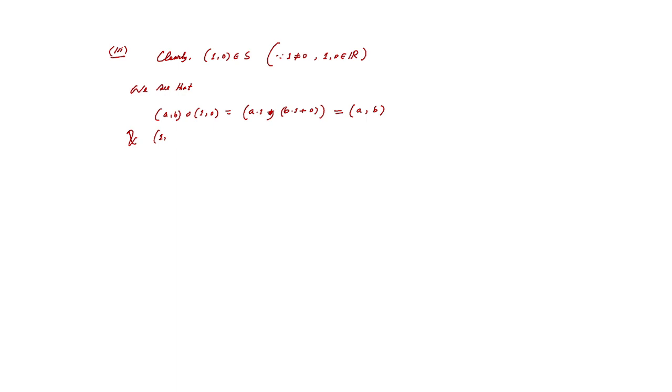And again (1,0) ∘ (A,B) is (1 into A, 0 into A plus B), again it will be (A,B). And that holds for all (A,B) belonging to S. So that means (1,0) belonging to S is the identity element.